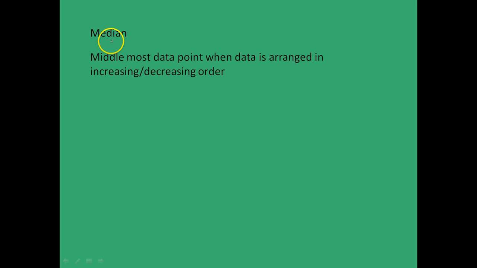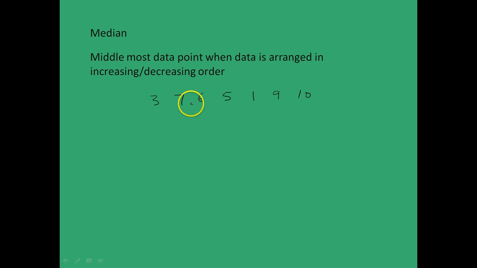Next, let's look at median. Median is simply the middlemost data point when the data is arranged in increasing or decreasing order, because it really doesn't matter when you're finding out the middlemost data point. Let's take the example of the simplest raw case right off the bat, some numbers, say 3, 7, 6, 5, 1, 9, 10.